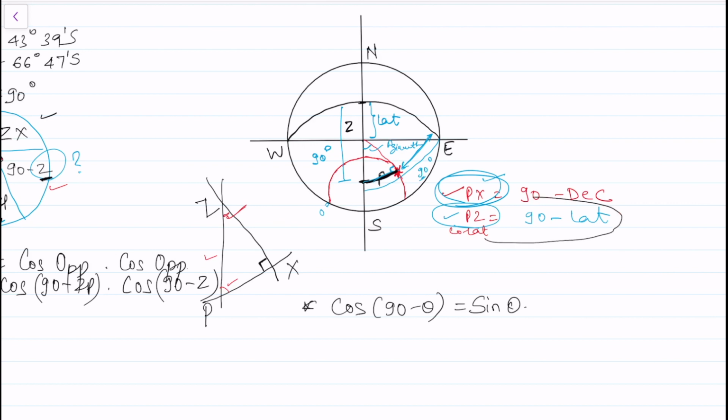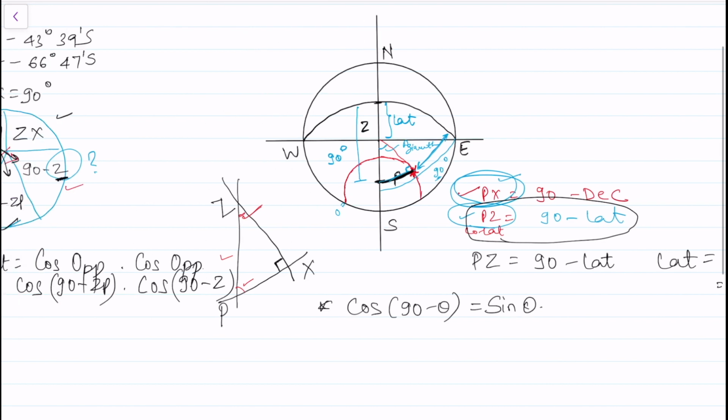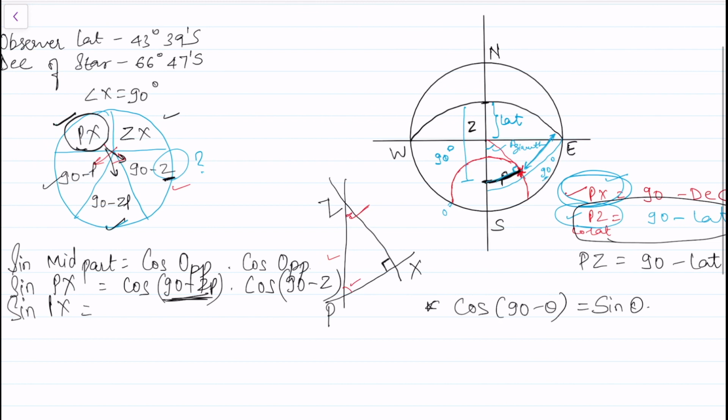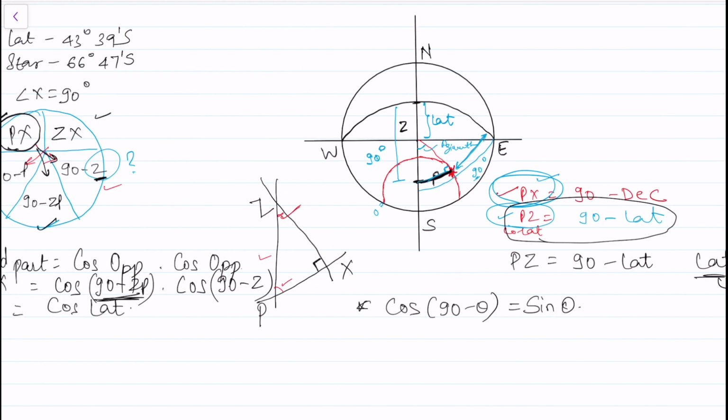What we had written is 90 minus PZ is equal to 90 minus latitude. So latitude is equal to 90 minus PZ, or 90 minus ZP. So instead of 90 minus ZP, I'll write cos of latitude, since it is one and the same. And instead of cos of 90 minus Z, I'll write sine theta, because cos of 90 minus theta is sine theta. So I'll write sine of Z.